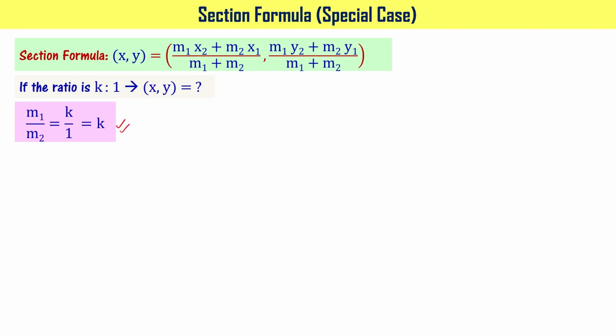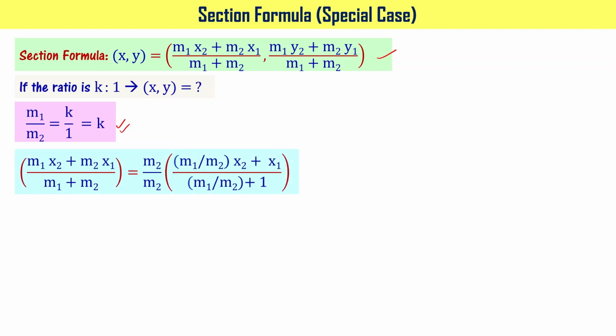What I'm going to do now is I take this particular equation and rearrange. I'm taking only this particular part, that is m1 x2 plus m2 x1 divided by m1 plus m2, and I'm taking m2 as a common factor out from the numerator. When I do that, I'll get m1 by m2 here, and here I'll get 1, right?